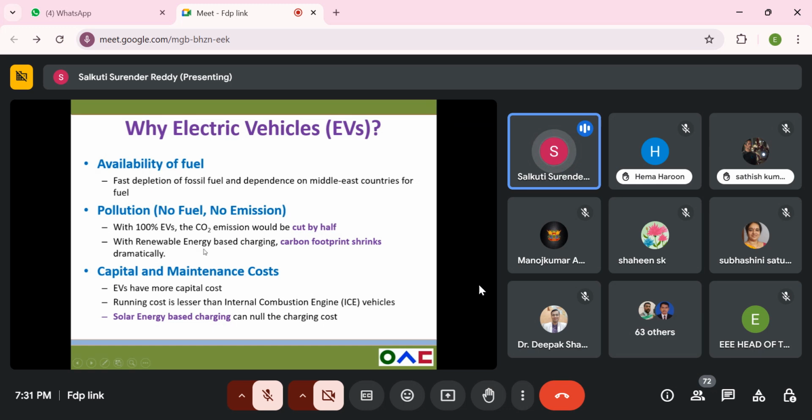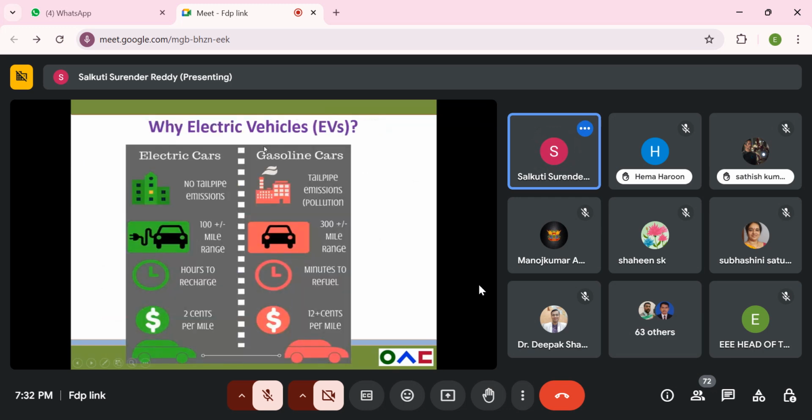When you use renewable based charging, the carbon footprint is also going to decrease drastically. The problem is that the capital cost is high, but of course the maintenance cost is low. Because of these reasons, we are all moving towards electric vehicles. In electric vehicles, we see no tailpipe emissions.